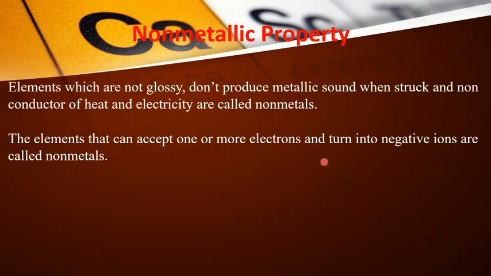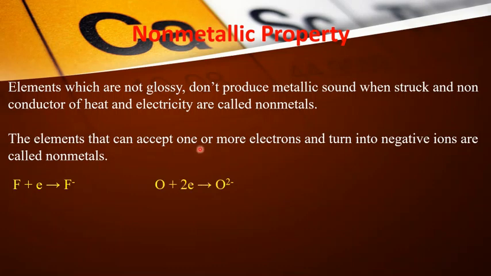ions are called non-metals. That means non-metals have 5, 6 or 7 electrons on the outermost shell, so they can accept electrons and turn into negatively charged ions. So they are called non-metals. For example, fluorine accepts 1 electron and becomes fluoride ion.